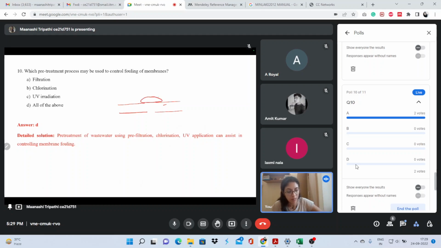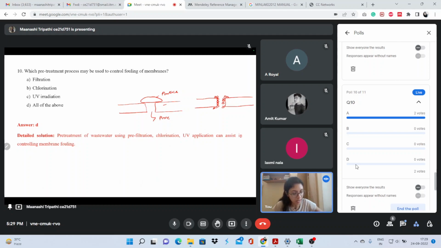This is a particle, and this was a pure pore. Another condition can be a smaller particle that may sit like this, so this will make the pore small. This is one category of fouling.